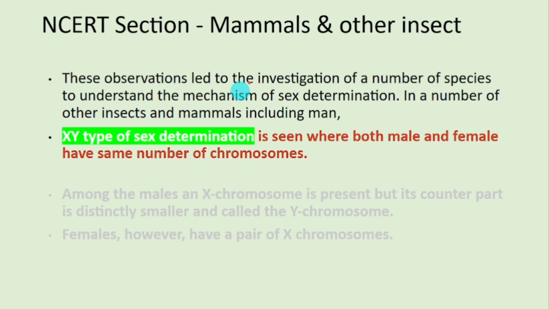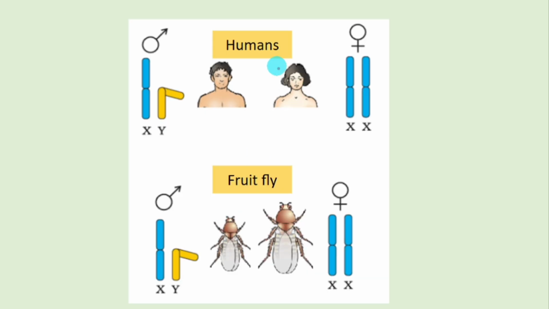Now we will understand the XY type of sex determination. Specifically, Drosophila melanogaster and mammals show XY type of sex determination. And this point is very important: both male and female have the same number of chromosomes. So see, in humans and fruit fly, males show heterogamety. Two types of gametes will be produced.